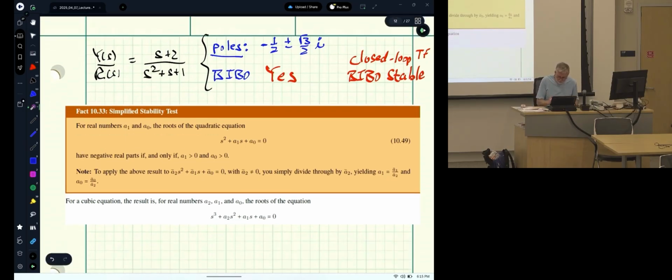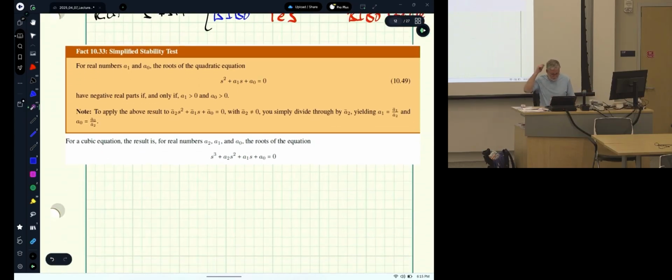If you have a quadratic, if this coefficient and this coefficient are all non-zero and all strictly positive, or they all have the same sign, then the poles automatically have negative real parts. And let's just see why.